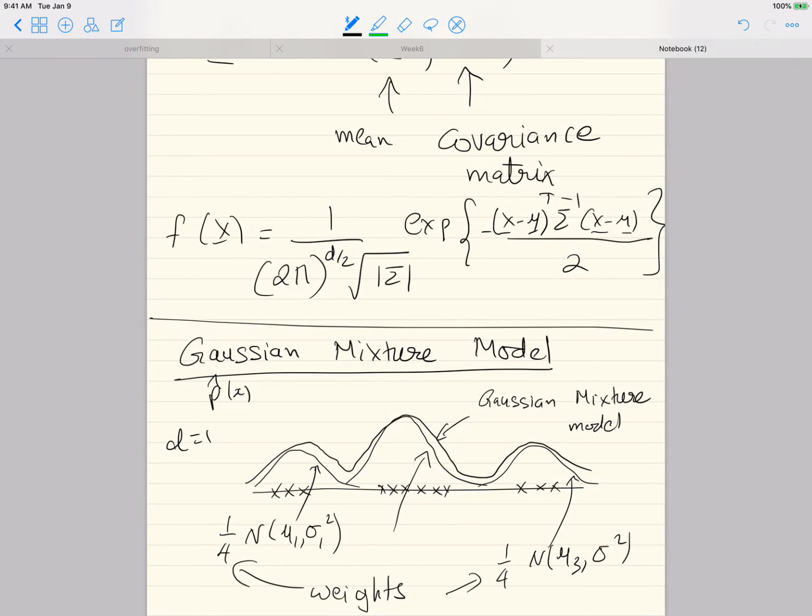And this here is 1/2 times a Gaussian with mean mu2. So I'm going to scale them by some amount, which tells me intuitively how likely each one is. Here I scaled this by 1/4, this by 1/2, this by 1/4. So they have different heights now. And then I sum them up. So the actual distribution is 1/4 of this plus 1/2 of this plus 1/4 of this. That's how I get this distribution.